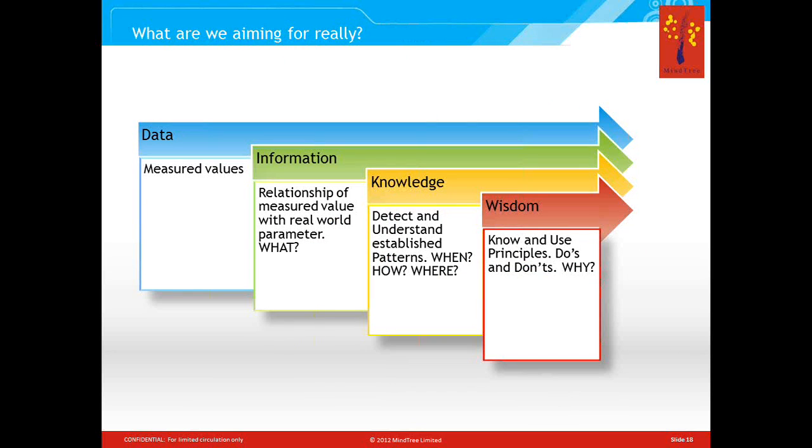So what are we really aiming for? From data, we are going towards wisdom. Data is basically measured, sensed values. Information is the relationship of measured values with real-world parameters. Then from the information we build knowledge, where we detect and understand patterns, so we know the answers to when it happens, how it happens, where it happens.